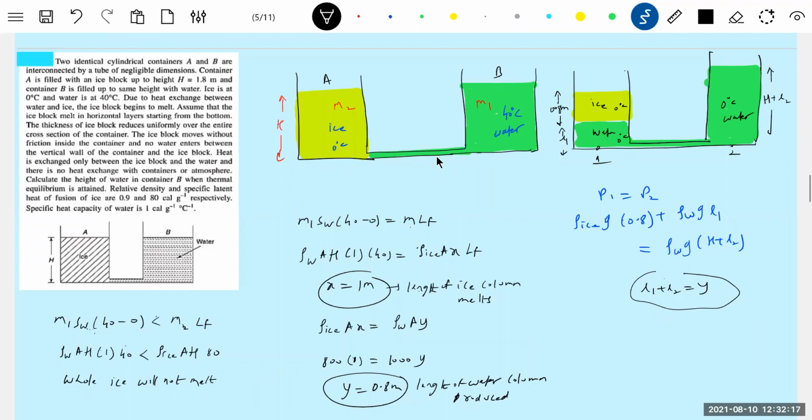So mostly in passages they may break it up and ask you. I have the answer, we'll take the next questions because it is 12:30. H plus L2 is, cross verify afterwards.